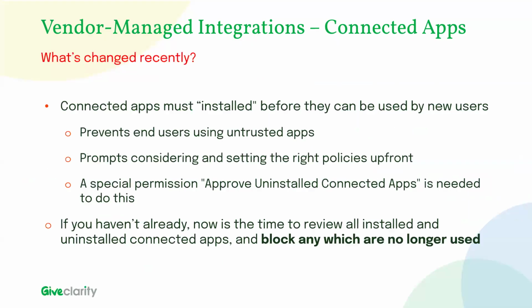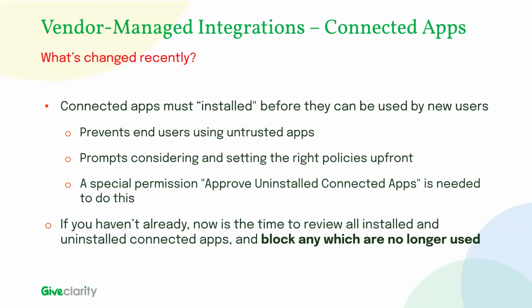So the question of whether you install or don't install is an important part of setting up a new connected app, but it's equally important to revisit those policies, check them, and adapt them where appropriate.